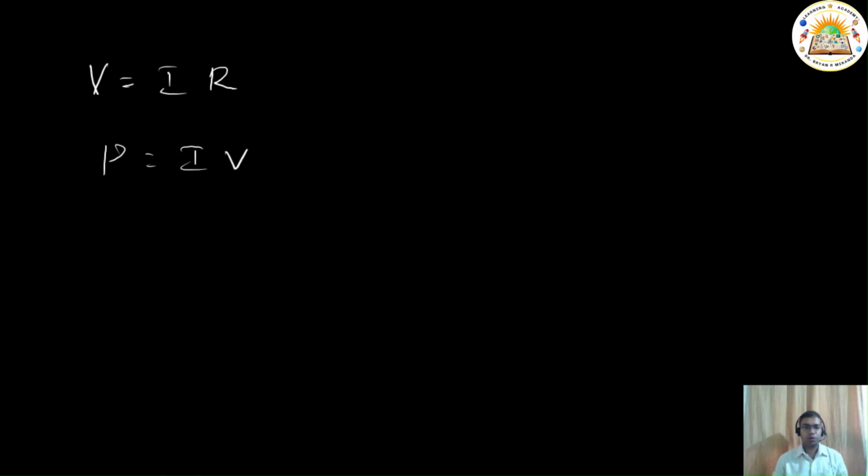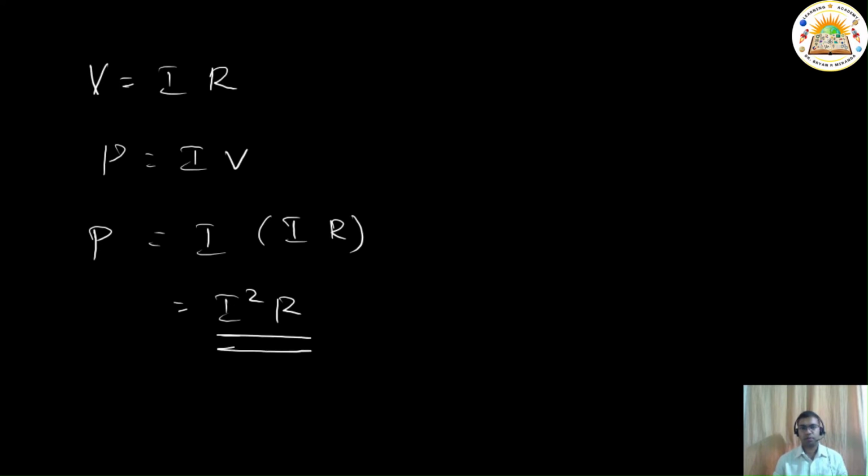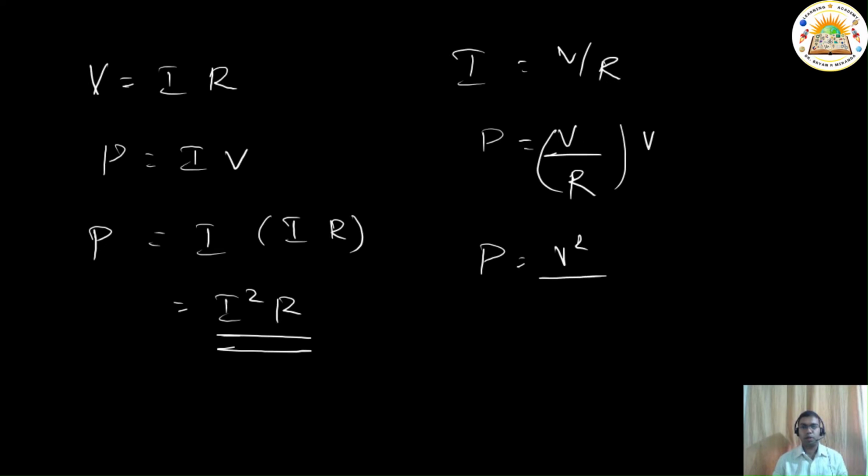So if I substitute for V, I will get power as I into IR, which is equivalent to I square R. But if I substitute for I, it will be V by R. So power is going to be V by R times V, or the power is equal to V square by R. So depending on how you are framing your expression, you can have P is equal to I square R, or you can have P equals V square by R. Resistance is in the numerator when you're looking at current. It is in the denominator when you're looking at potential difference.